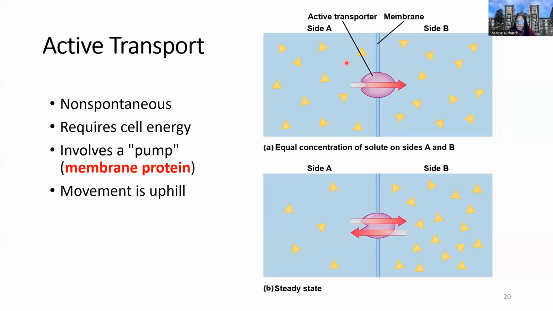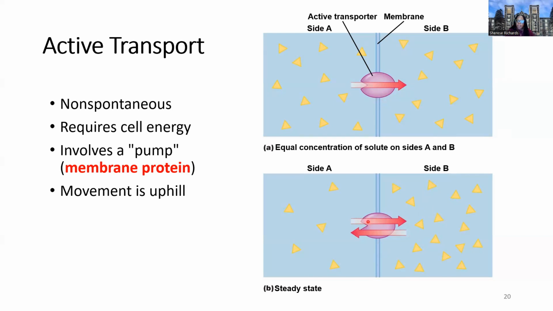Okay. So in the scenario here on side A, we have the same number of particles dissolved as we do on side B. In the membrane here, we have a transporter, and this is called an active transporter. So what's going to happen is we can move particles from one side to the other against a concentration gradient.